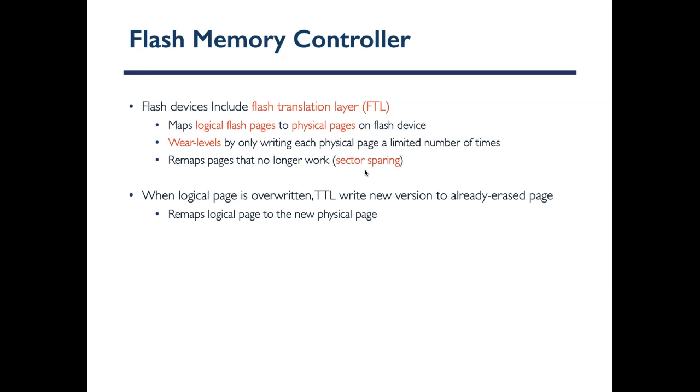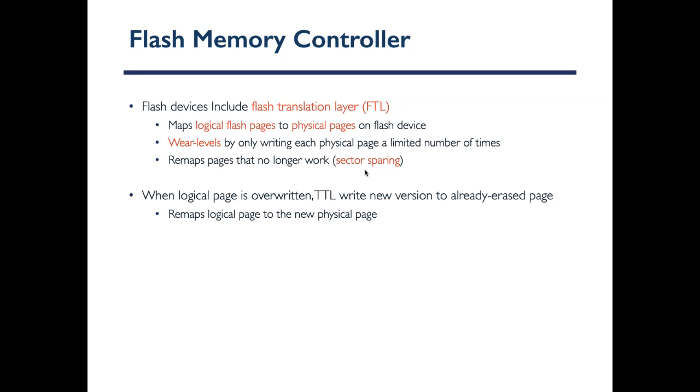Hopefully there are already erased pages, and you write the new version to the already erased page. And inside your FTL, you redirect that virtual flash page to this new physical page. And all of this will be masked from the file system. So the file system is just using those virtual flash pages, but then the physical layer here is doing the translations.